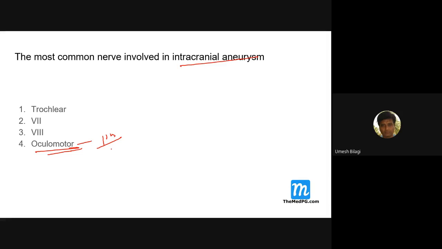If an intracranial aneurysm is the cause for oculomotor palsy, the patient complains of severe headache, and if he has oculomotor nerve palsy on any side, the aneurysm may rupture and cause, I'm writing here, subarachnoid hemorrhage.